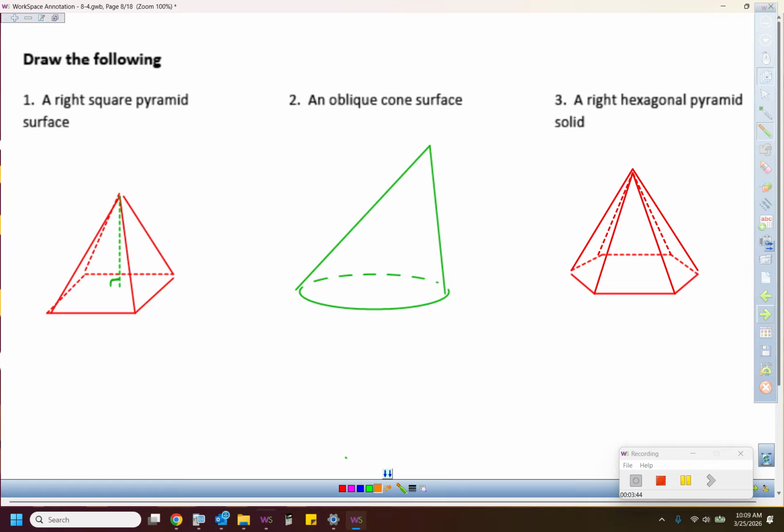Mine's still not finished, so make sure you drop a height in. And then I need to decide if I should shade him in or not shade him in. What would you like? Shade him in. Shade him in.